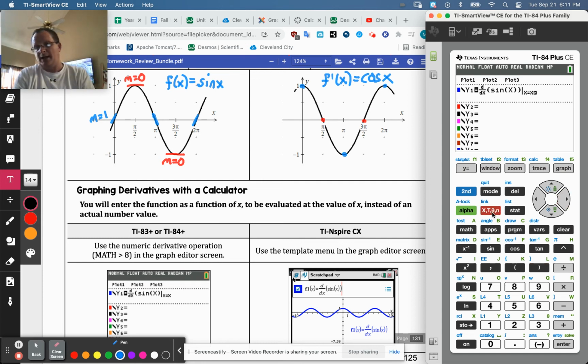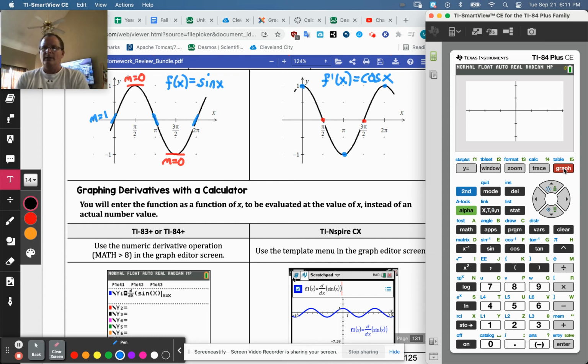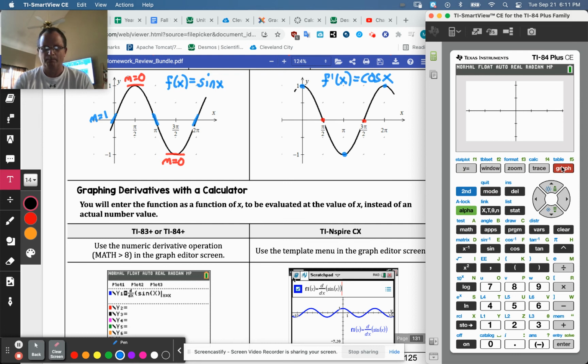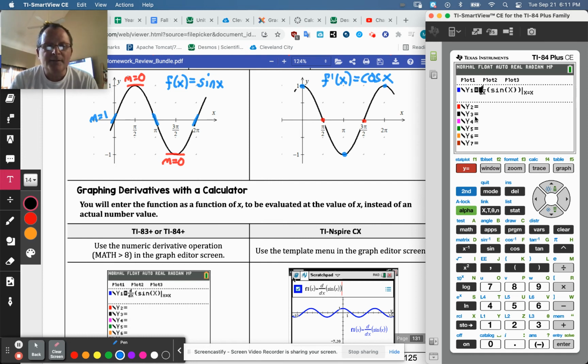So when x is equal to x. And then if I graph it, look what it looks like. Doesn't look like anything because I'm not in the right mode. All right, graph. The derivative of sine x when x is x.